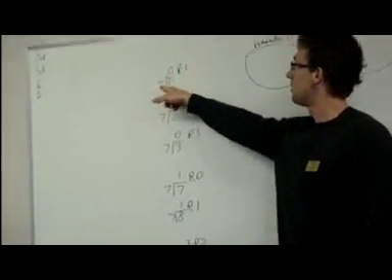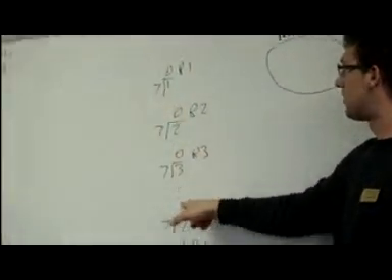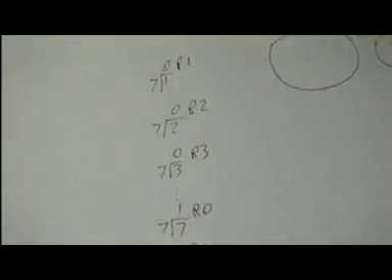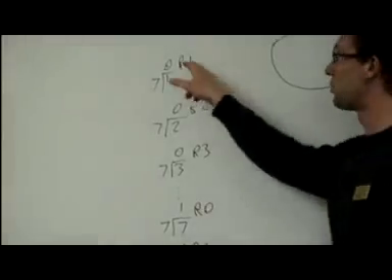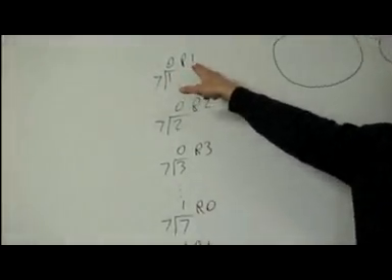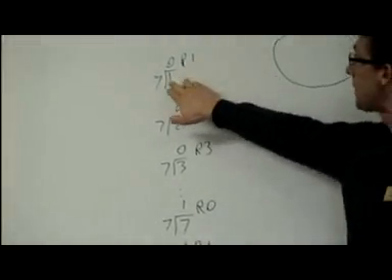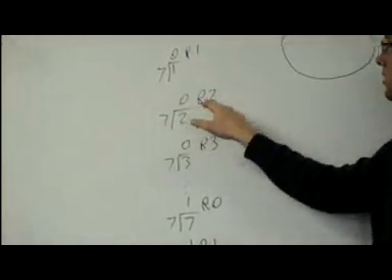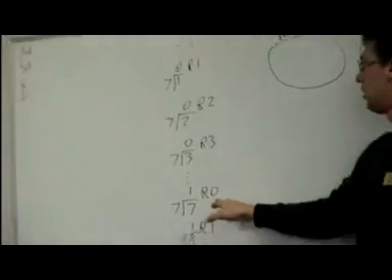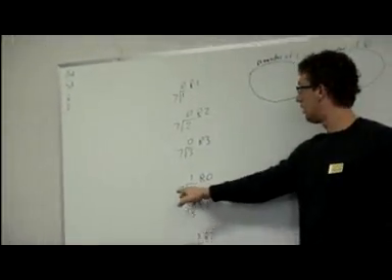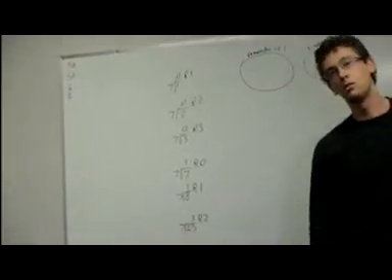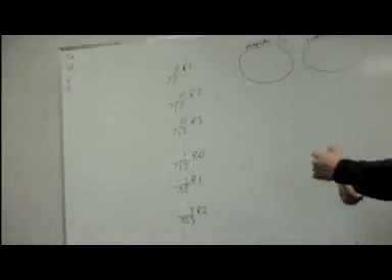As you'll notice, if we divide these various numbers by 7, we have the remainders. With modular arithmetic, we're concerned with the remainders. When we divide 1, we have a remainder of 1. When we divide 2 by 7, we have a remainder of 2, and so on. When we get down to 7, 7 goes into 7 one time, but we have a remainder of 0, and it's going to continue like that.